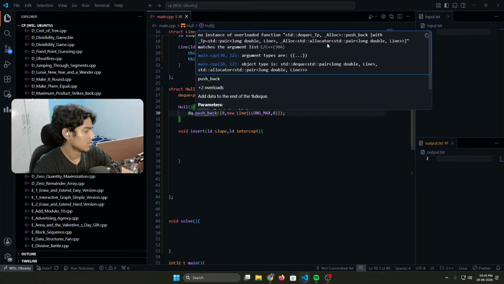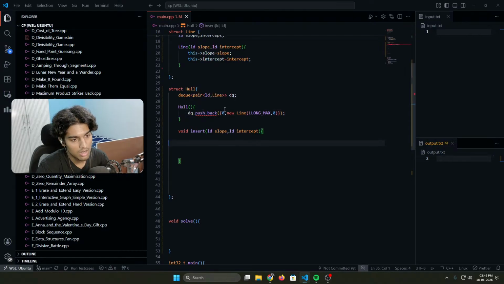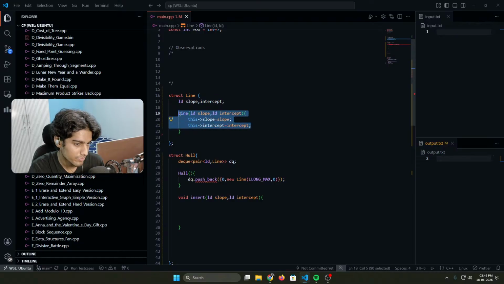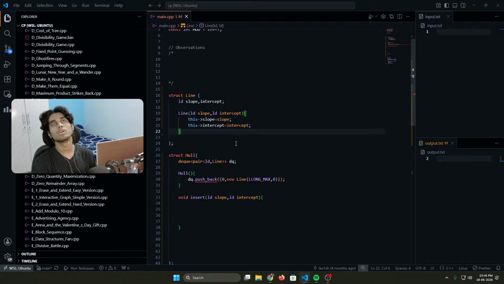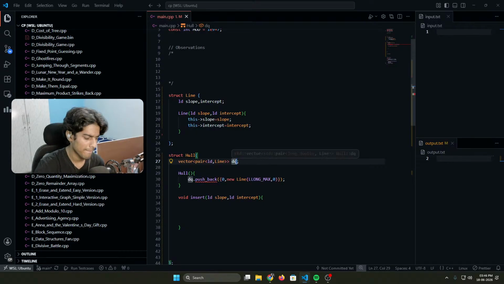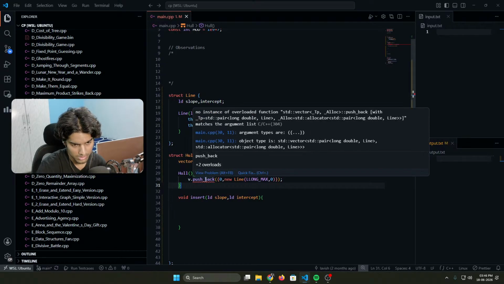Push back with. So if I change this to, let's say, integer. I think the issue is not with the data type. There is some other issue. And I don't know what's the issue. By the way, do I even need a DQ? I can use a vector. Right? That is fine. I don't understand the issue with this.